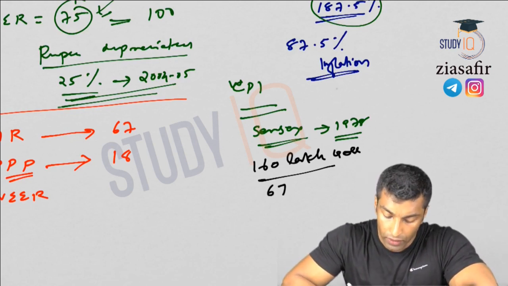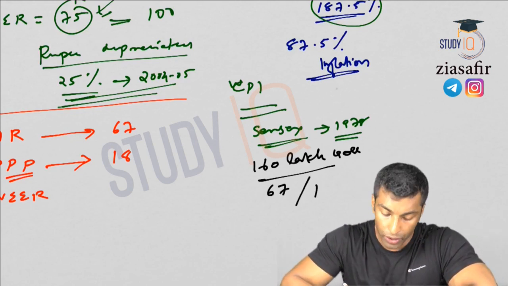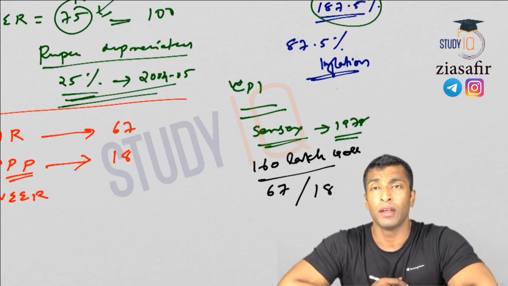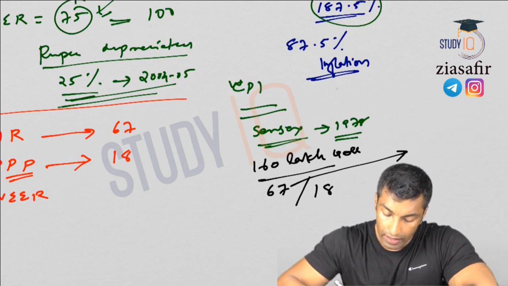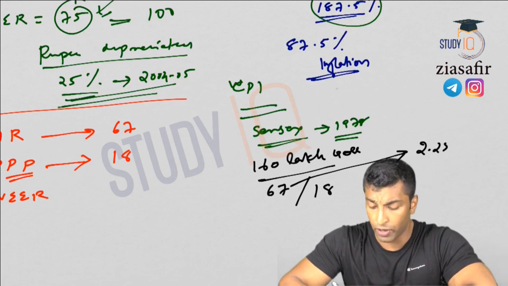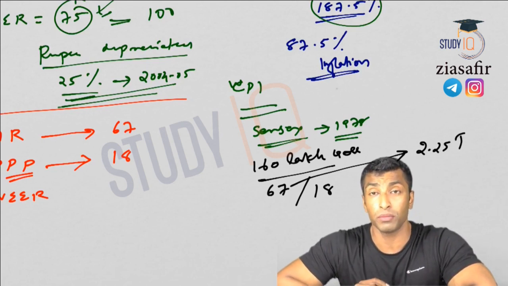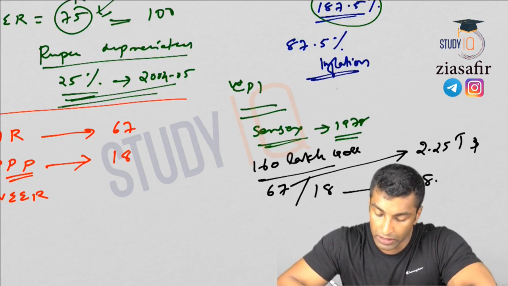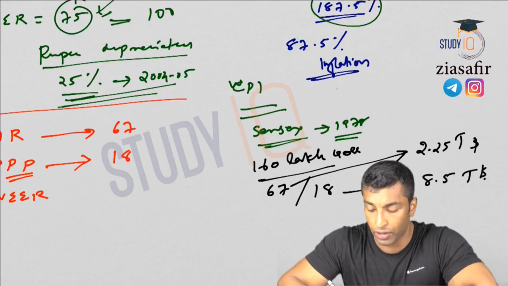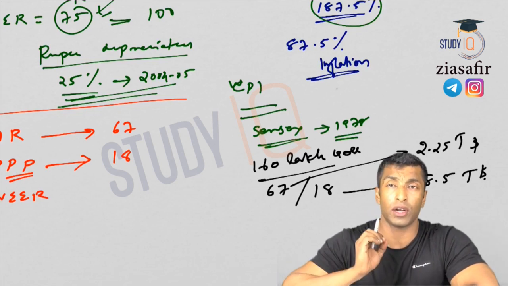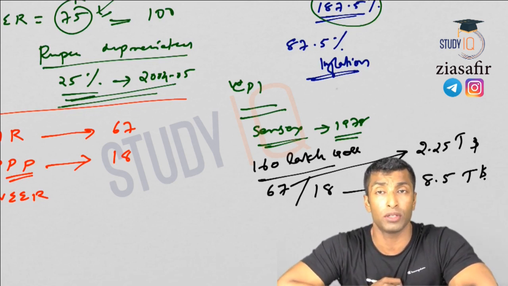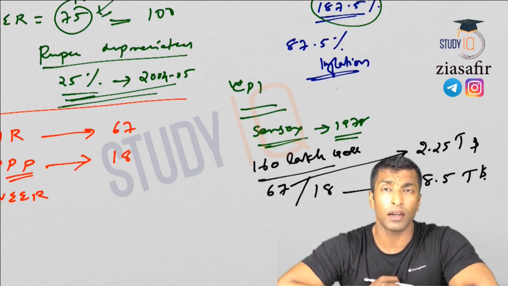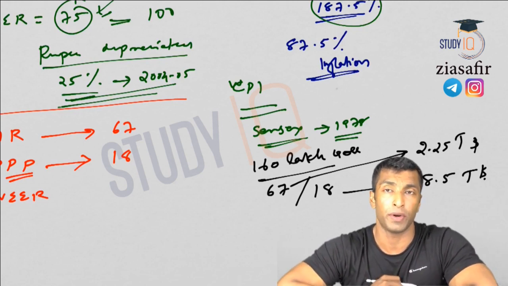Either you can convert by using the market rate, or you can convert by using the PPP exchange rate. If you convert this at market rate, this is going to be around 2.25 trillion dollars, your national income. If you convert based on PPP, it is around 8.5 trillion dollars. So obviously you can see here, if you convert on the basis of purchasing power it is going to be huge, and we are the third largest economy in terms of purchasing power.